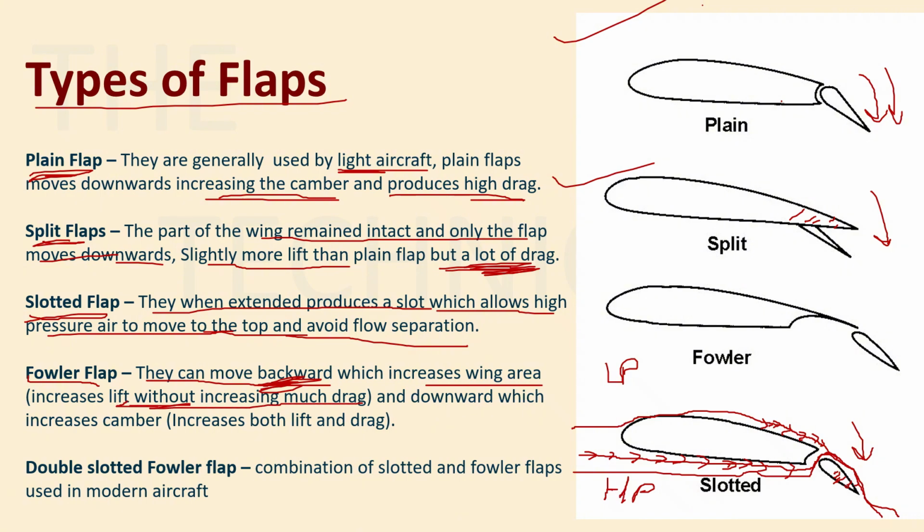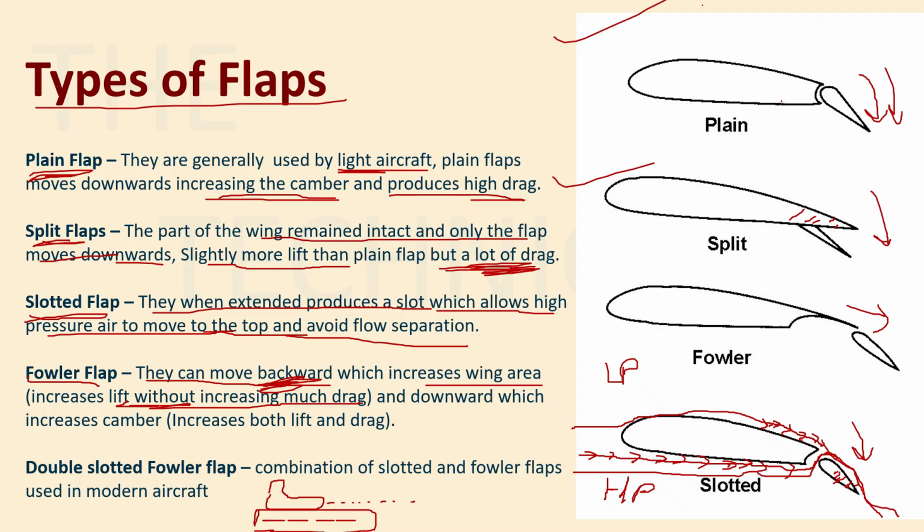So whenever Fowler flaps move backward, what happens? Your lift increases by a lot, but your drag does not increase much, which is good for your takeoff. Whenever you're thinking about taking off, it is best to have minimum drag and higher lift. Why? Obviously. Say you have your aircraft on the runway, you're ready for takeoff and you start your takeoff roll.